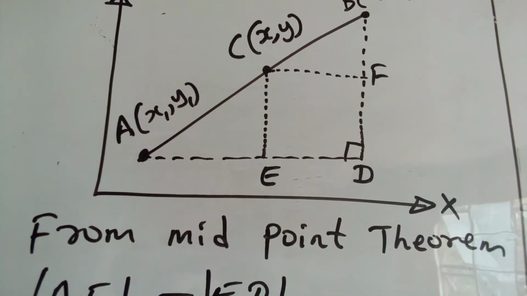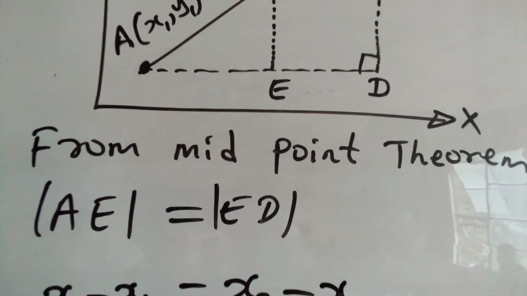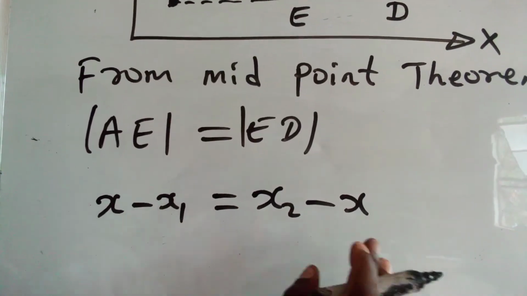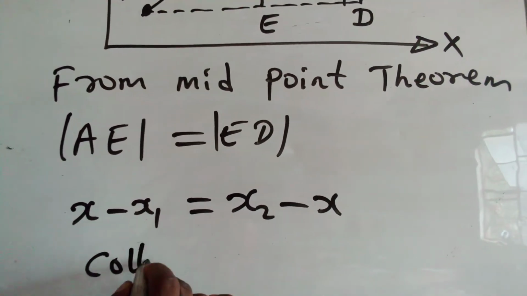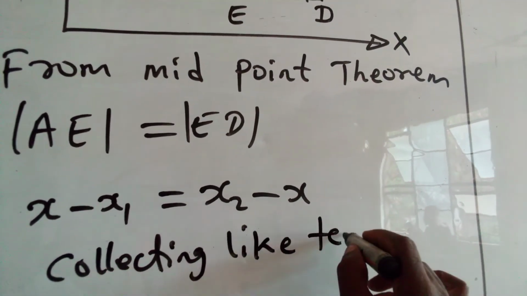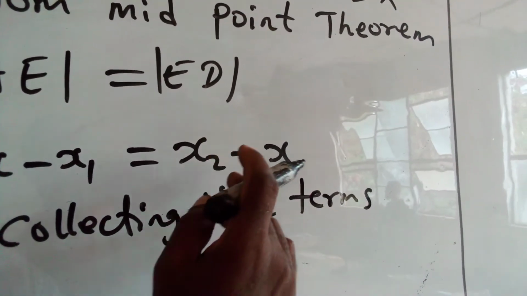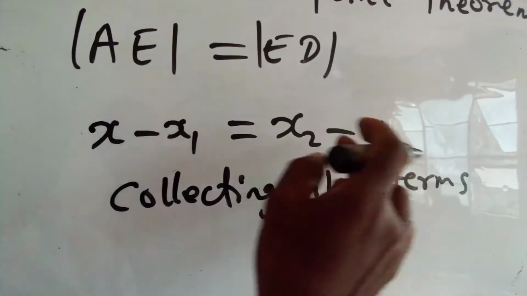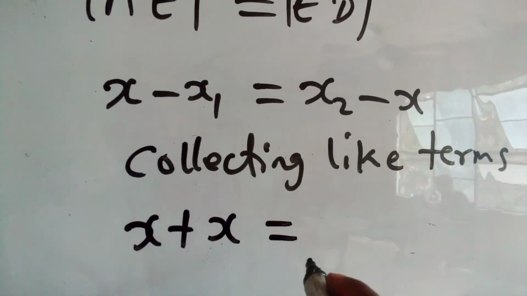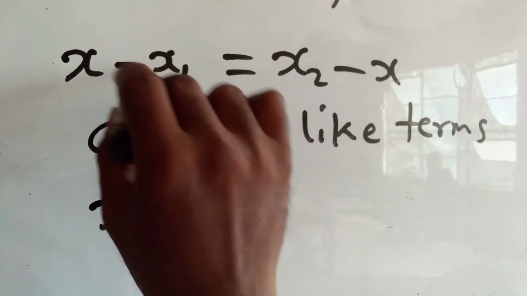So you collect like terms. Collecting like terms, those x will come one side, then x1 and x2 will go the other side. So this x will cross this equality sign. When it comes in, it becomes plus. So it's going to give you x plus x. Then this minus x1 will come over to this side.